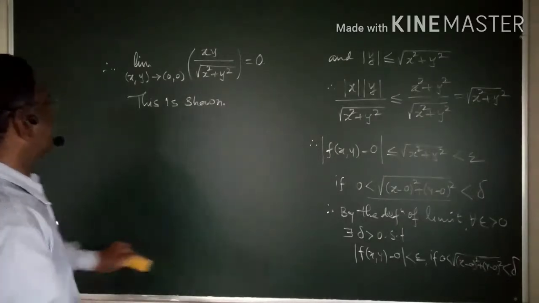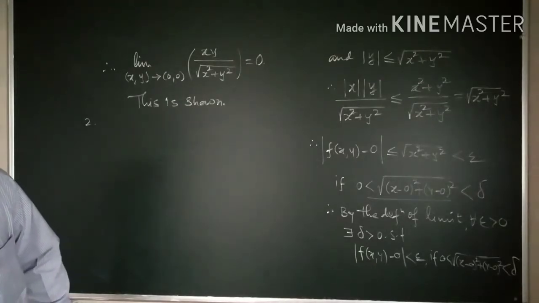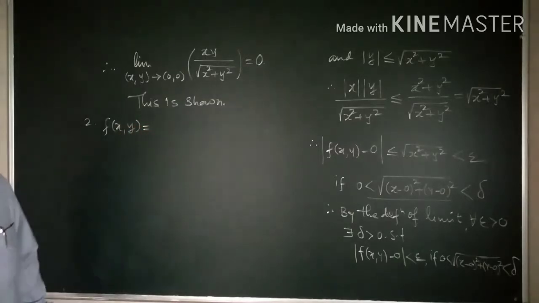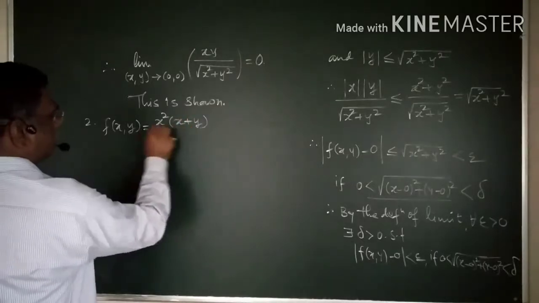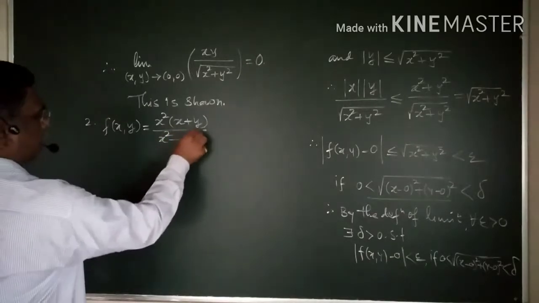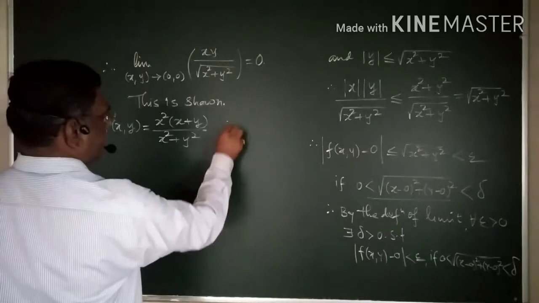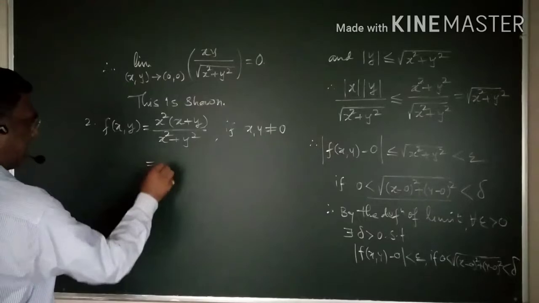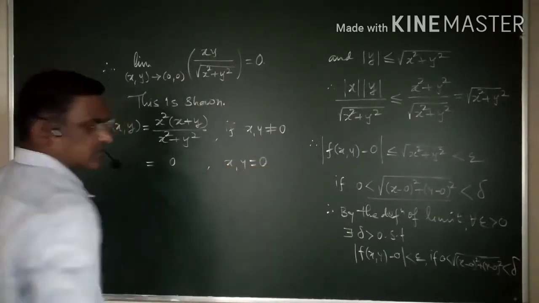Now let us go for the second example. Let me write here number 2. f of (x, y) is equal to x square into bracket x plus y divided by x square plus y square, if both x and y are not 0, and the value of this function is 0 if x and y both are 0.